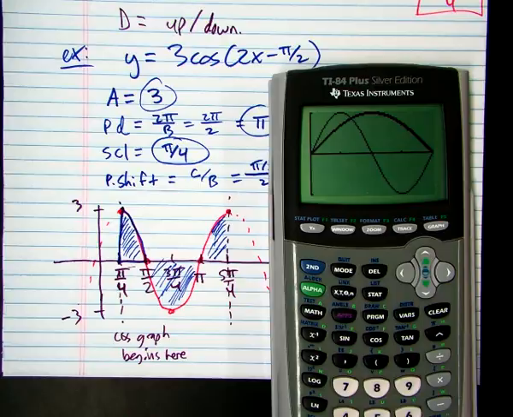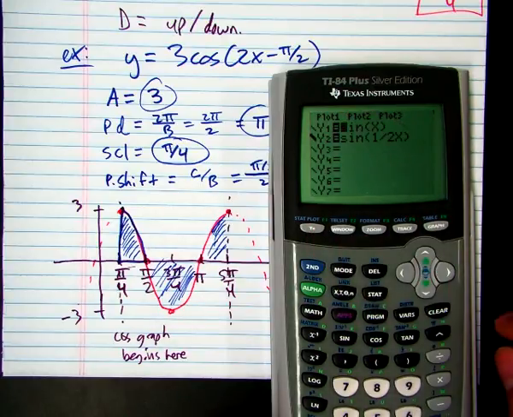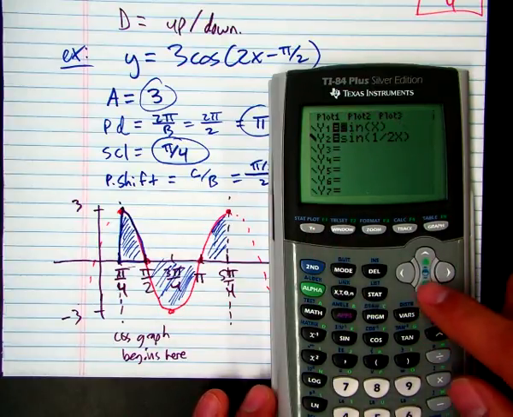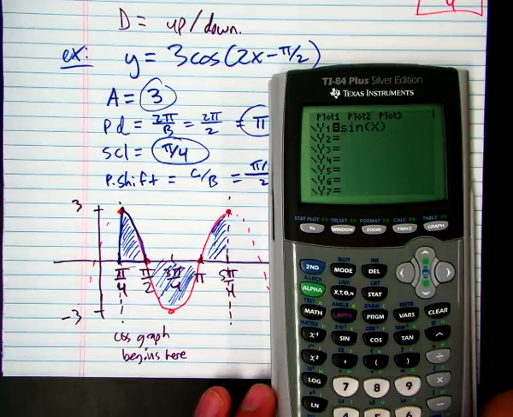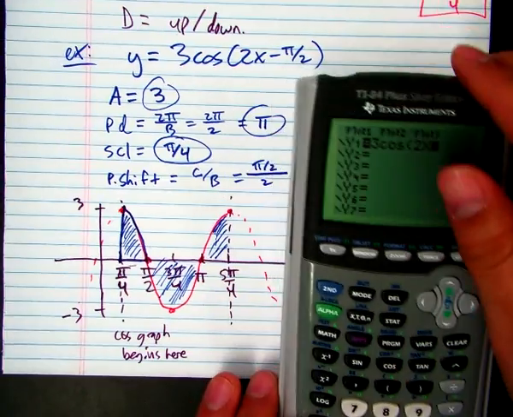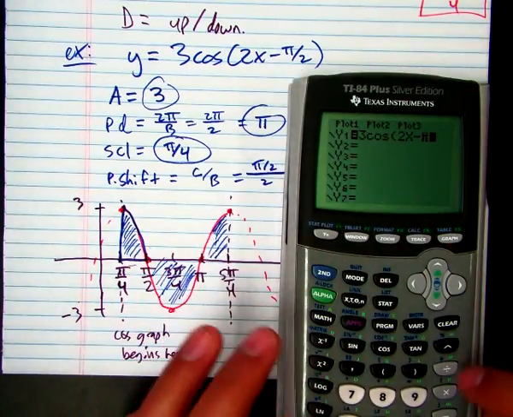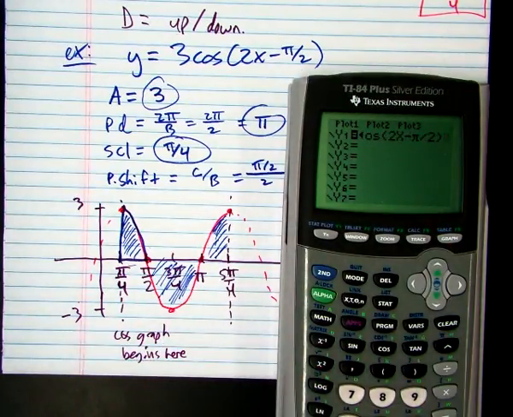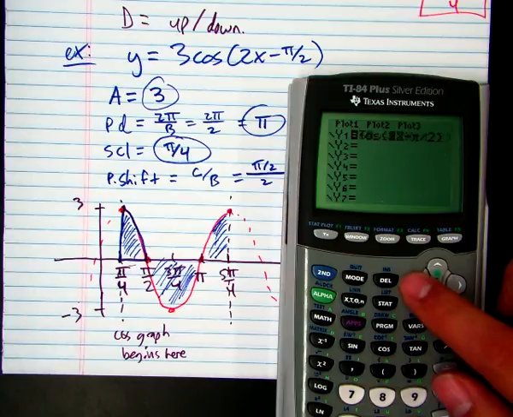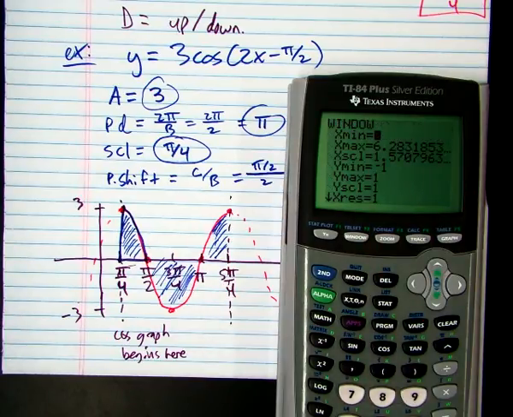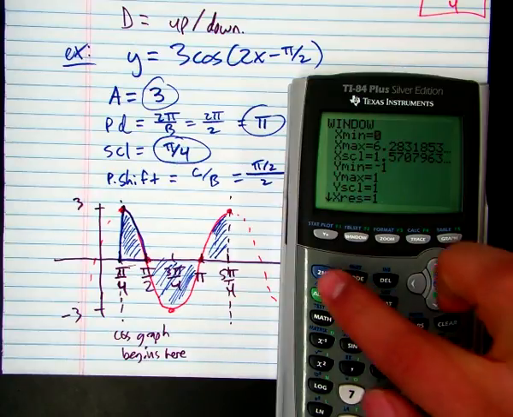All right? So first, let's type it in. You get 3 cosine 2x minus pi over 2. And what window should I use? What should the lowest x value be? Pi over 4.